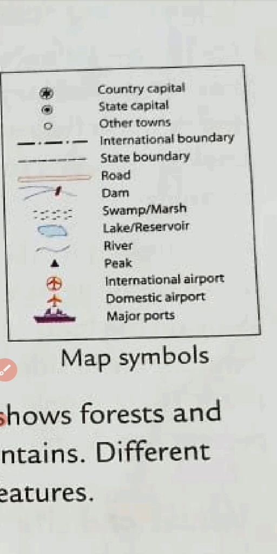The international boundary has a dark line and a dot. Like this, state boundary, road, dam, swamp, marsh, lake, reservoir, river, peak, international airport, domestic airport and the major ports. These are the symbols of the map.